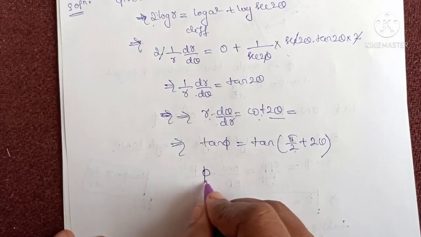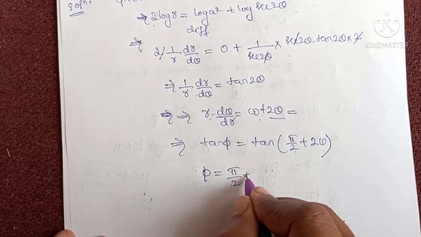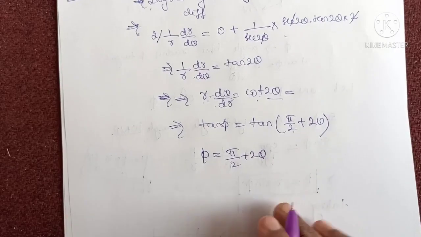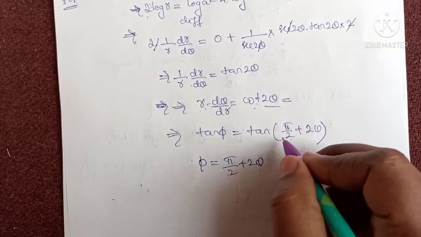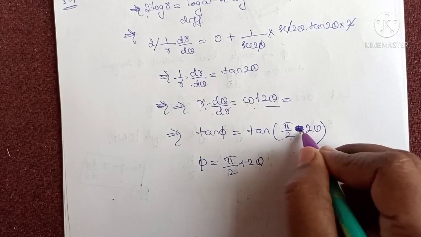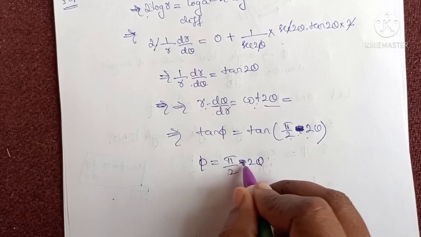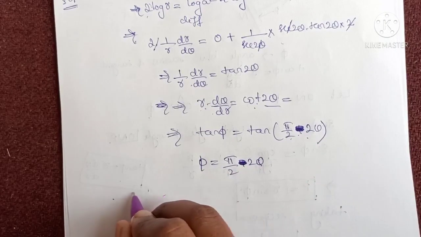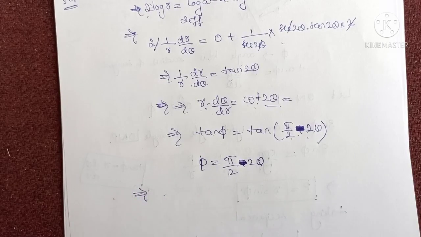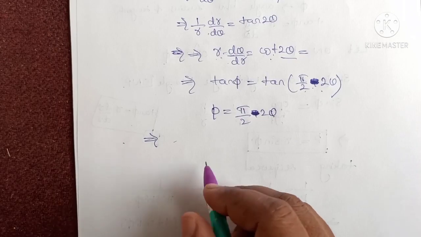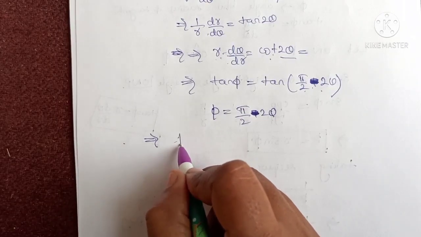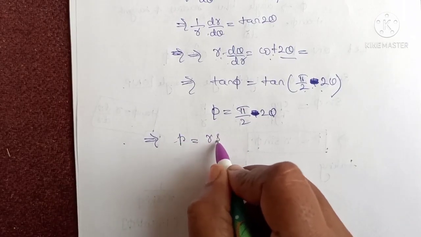Therefore, phi equals pi by 2 minus 2 theta. So therefore we have p equals r sin phi.